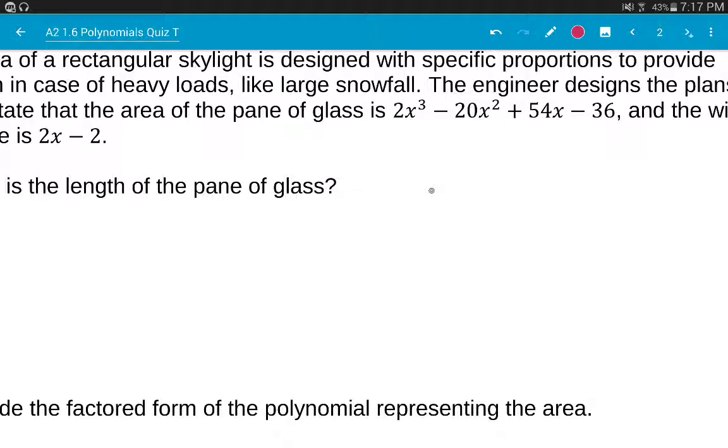So I'm going to write this out: 2x cubed minus 20x squared plus 54x minus 36, divided by 2x minus 2. I give myself enough space.